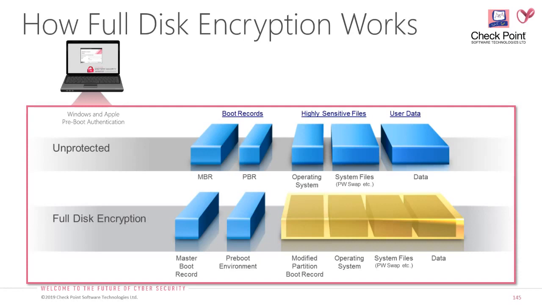And in full disk encryption, when you install the full disk encryption agent, the modified boot record will divert your operating system to the CheckPoint endpoint agent. When they want to authenticate, it will ask for the pre-boot authentication credentials. Once you give the credentials, only then will it decrypt and present the content to the user. This is how it will work.